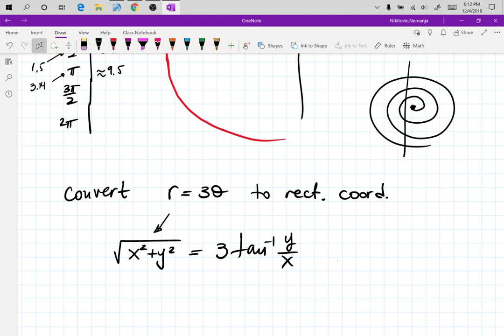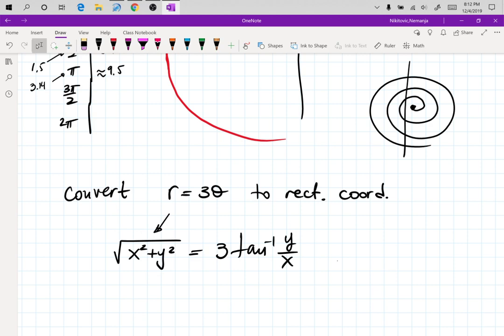Can we write this as y equals everything else? No, we can't, right? I mean, you can apply tangent to both sides to kill that inverse tangent, and then you're just going to have tangent of a square root there, and 3y over x. There is no way to write this in explicit form and have a nice function in rectangular coordinates.